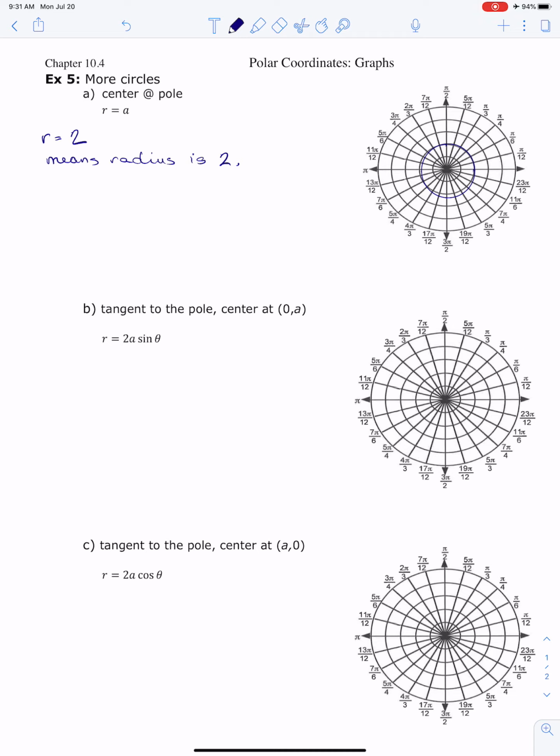Okay. If R is 5, then we know it's the circle with radius 1, 2, 3, 4, 5. And so we are just looking at that circle. Nice and circular.